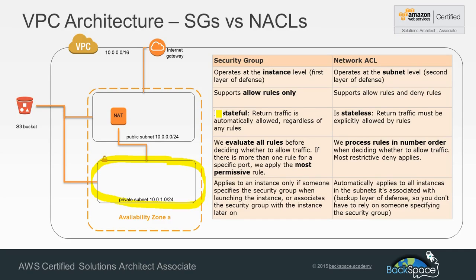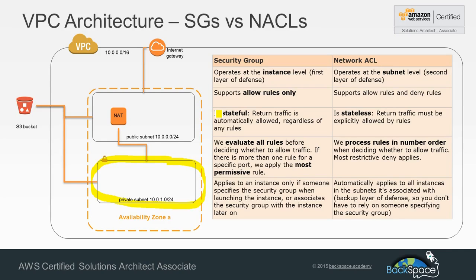In contrast, we have a network ACL that is stateless, okay? So return traffic must be explicitly allowed by the rules. It doesn't just automatically allow return traffic, so you need to have both inbound and outbound rules to allow that return traffic. In a security group, we evaluate all rules before deciding whether to allow that traffic.